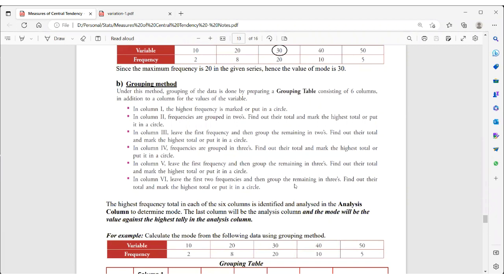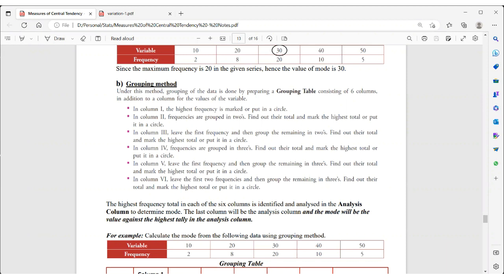Now, come to the next, the grouping method. When do we use the grouping method? If we can easily find the mode by the inspection method, then what is the use of the grouping method? See what happens.